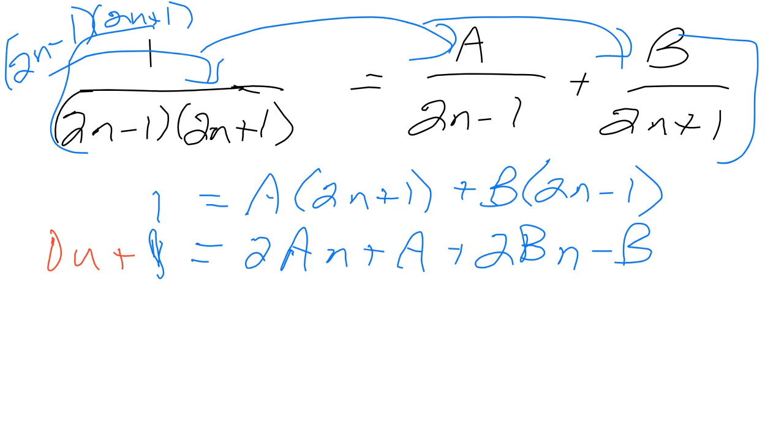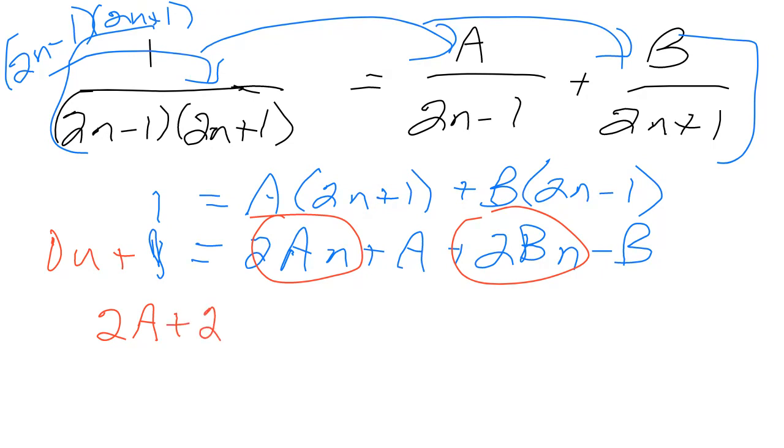Well, what are my n's? My n's are here and here. So I have two equations, two unknowns. If I factor n out, that's (2a plus 2b) times n, which equals 0 on the left side, because that's the coefficient there.